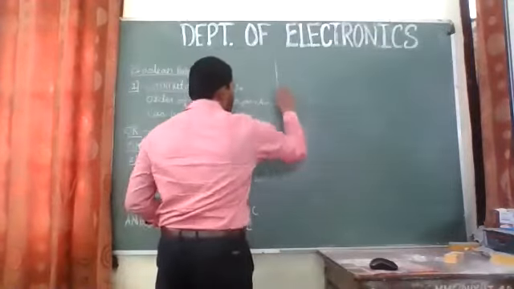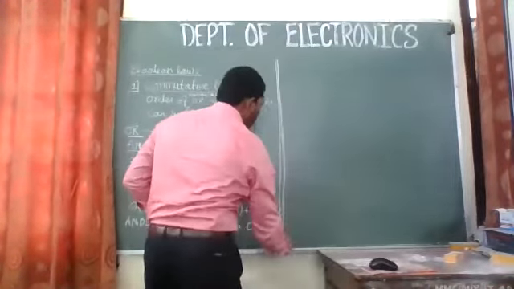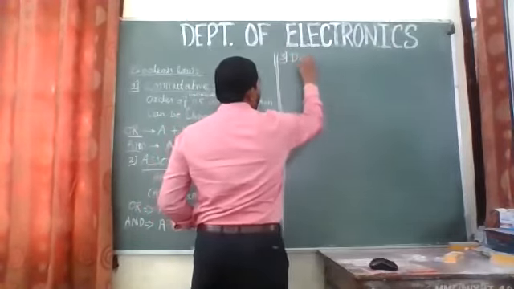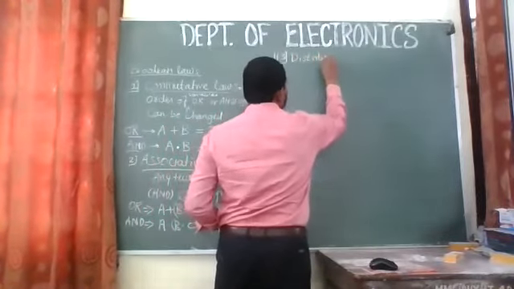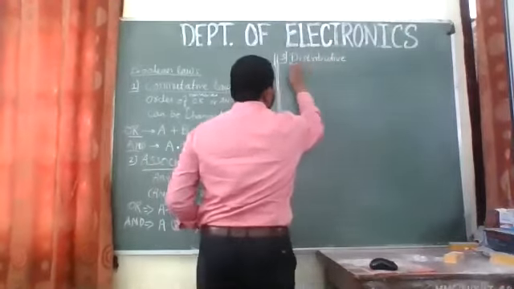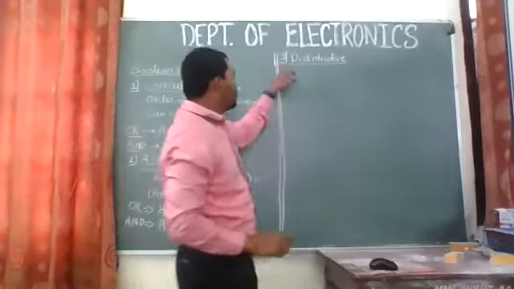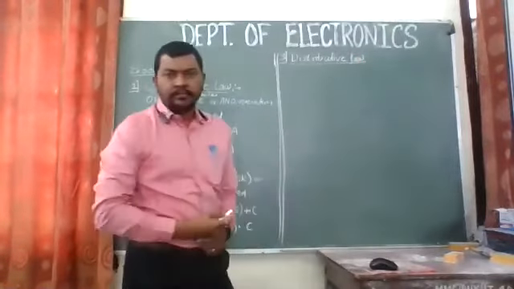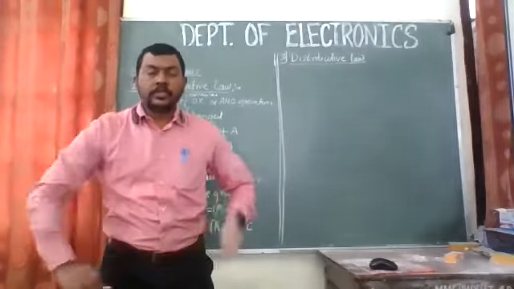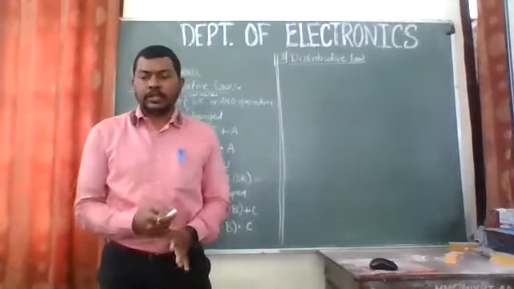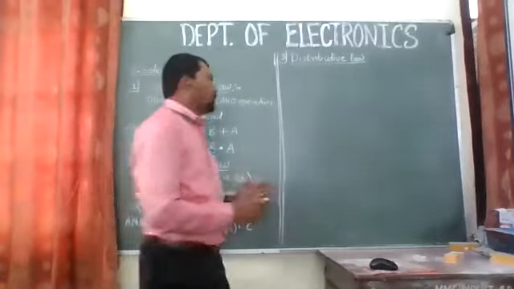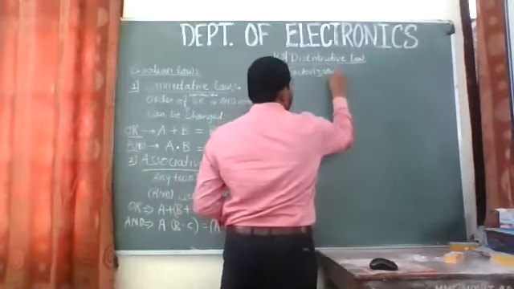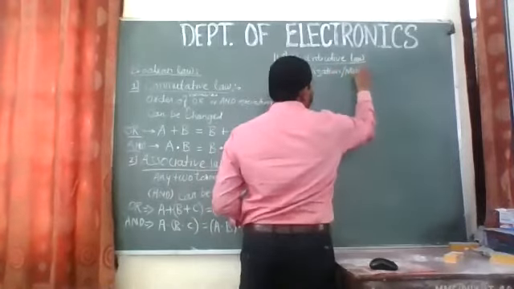The third law is the distributive law. So the statement is that factorization or multiplication of different terms is possible.